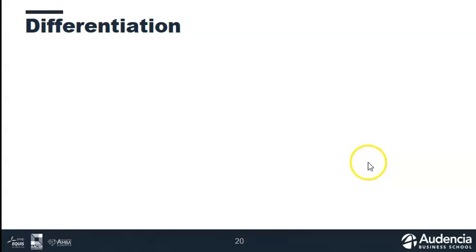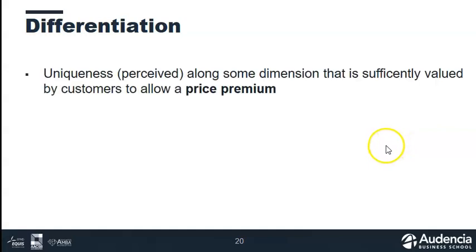Differentiation is another way we can be competitive and offer an advantage in a marketplace. Differentiation is based on uniqueness, offering something unique that other people can't offer. And once I've created uniqueness or perceived uniqueness, and that's extremely important. Sometimes brands offer a perceived uniqueness, although the product itself may not be different at all.